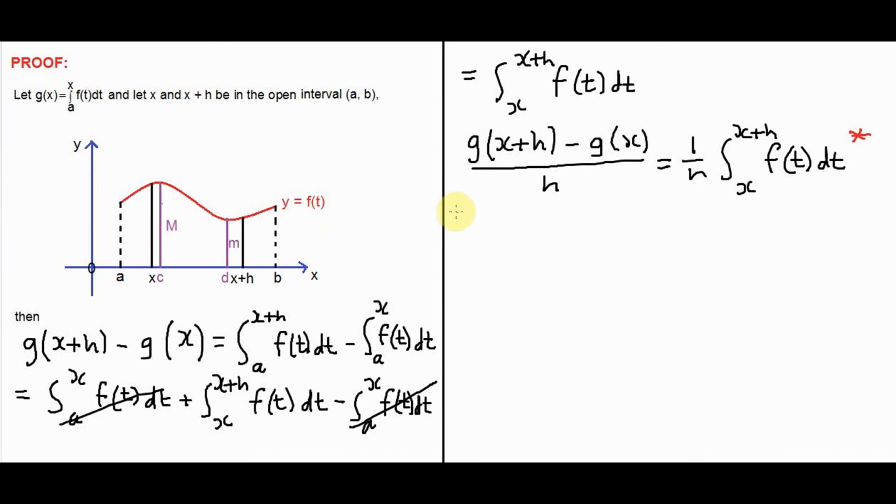Now, let's first assume that h is greater than 0.